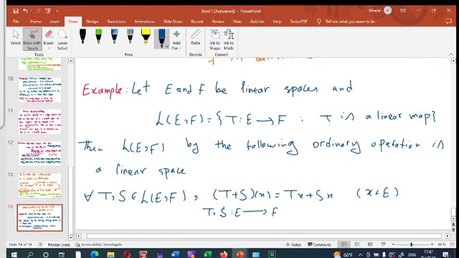So T of x and S of x are elements in F, so that T plus S is a function from E to F again.